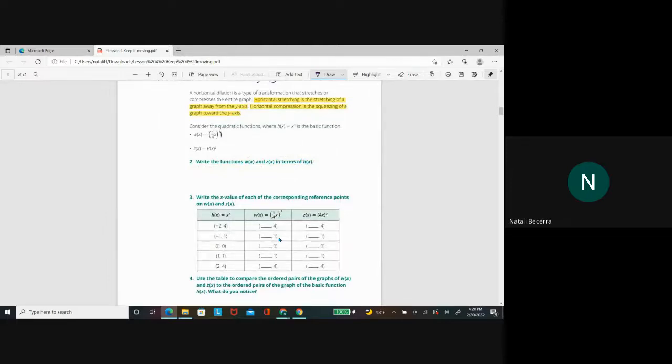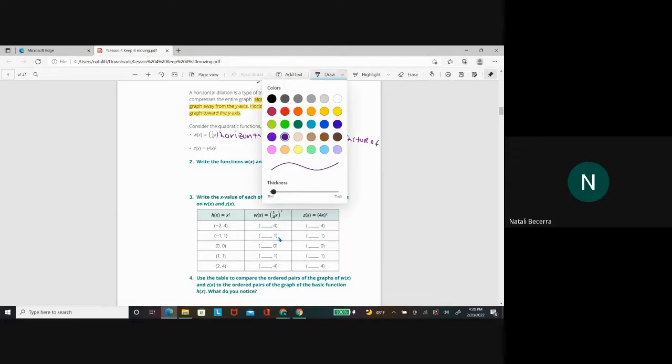So this right here is going to be a horizontal stretch by a scale factor of 1/4. The scale factor simply means: what is the number that we're multiplying by? What was the number at the beginning? So right here, that was the number at the beginning. So every x value is going to get multiplied by 1/4.